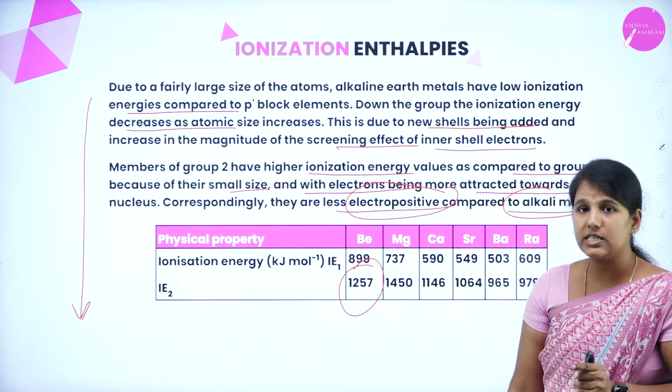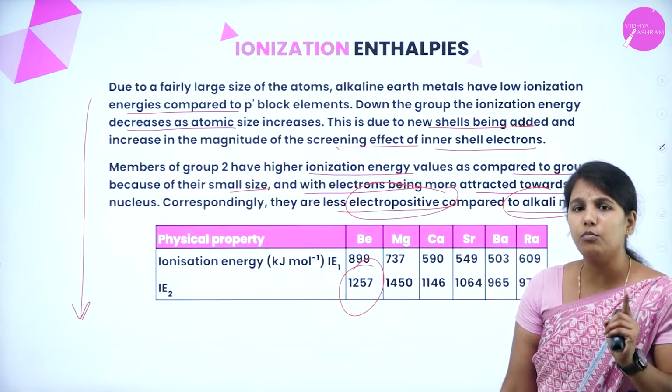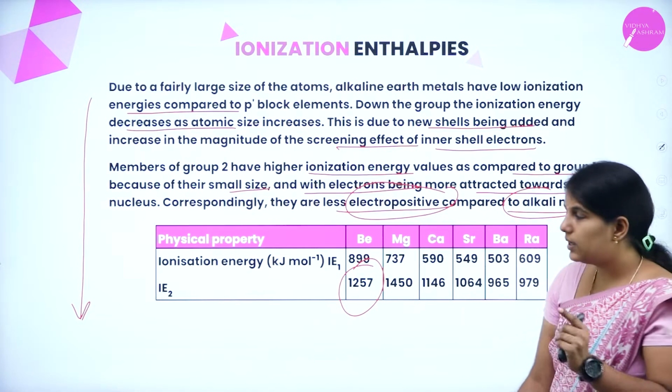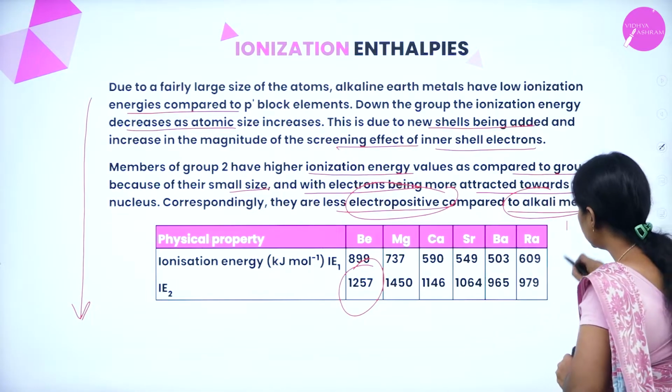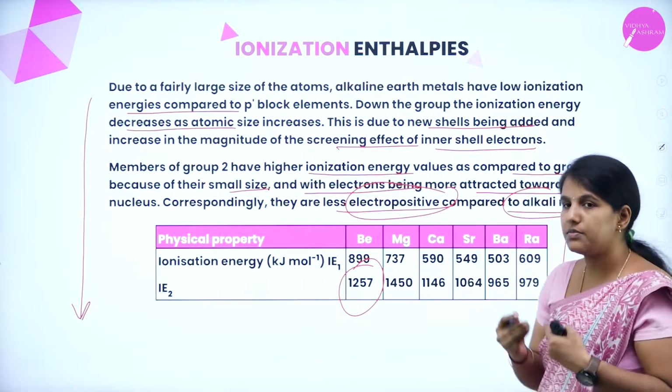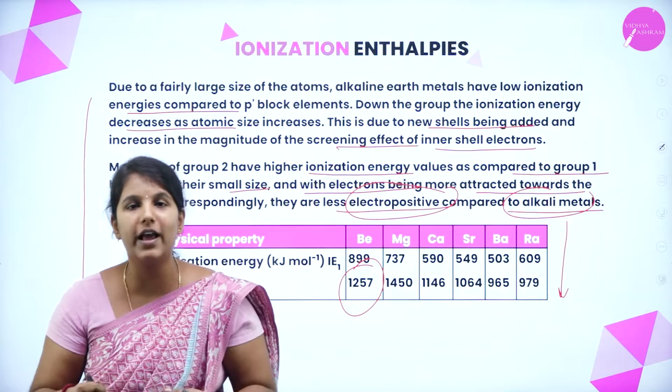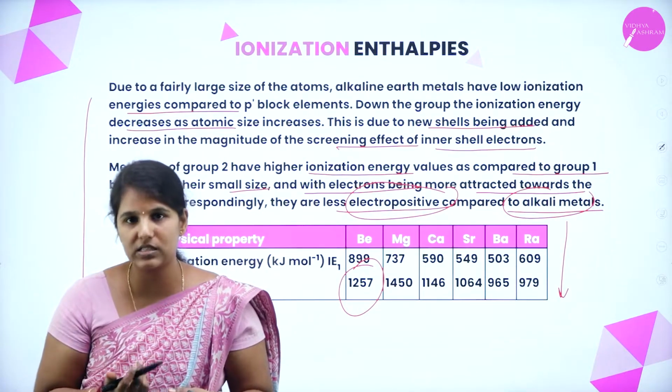So this indicates that it is very difficult to remove the second electron which is present in the next shell. Is it right? That is why the ionization energy decreases as we move down the group, because more energy will be required to remove the electron from the next shell.